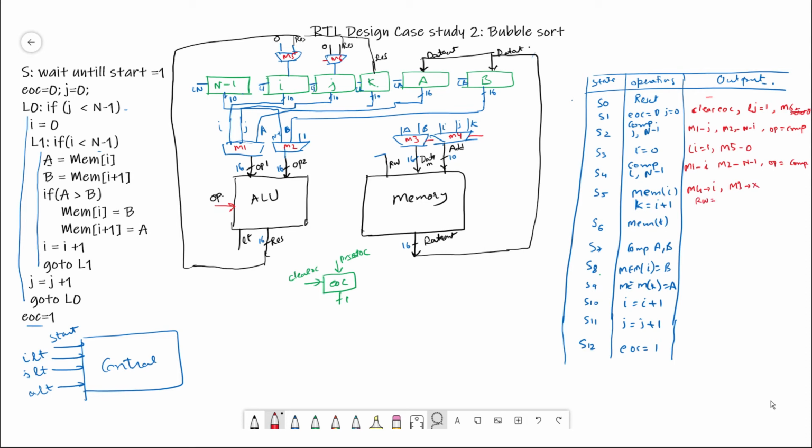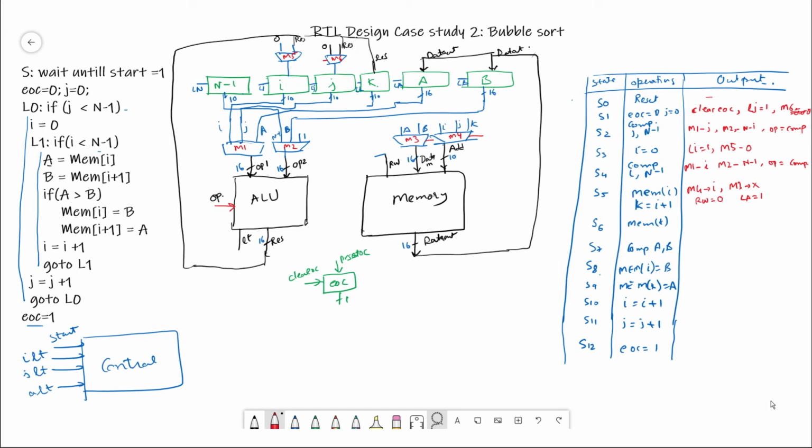RW is 0 because it's a read operation. Whatever data out is generated has to be returned to A, so LA should be equal to 1. Along with that, we are also performing K equal to I plus 1.